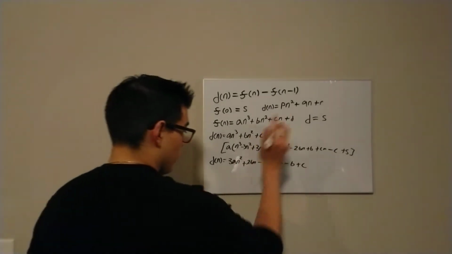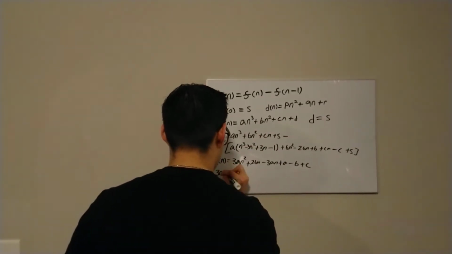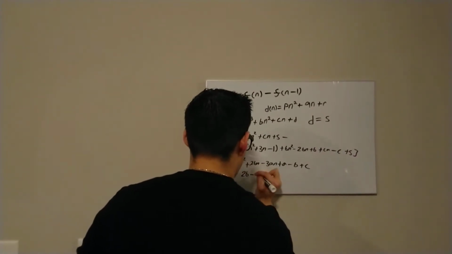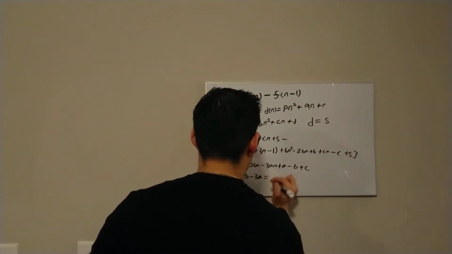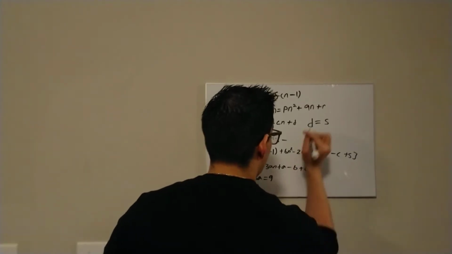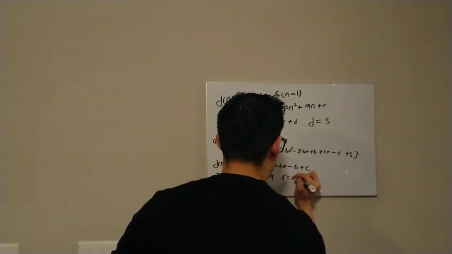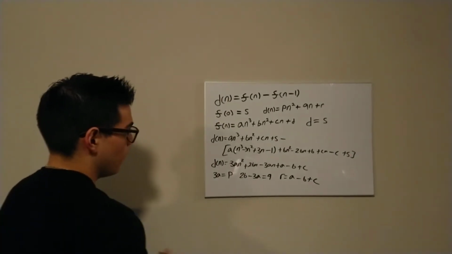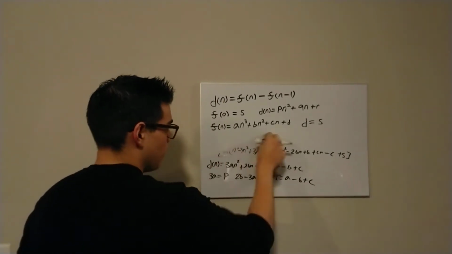So looking at this, we know that 3a is equal to p. We know that 2b minus 3a is equal to q, and that r is equal to a minus b plus c. Okay, so let me erase this a bit.